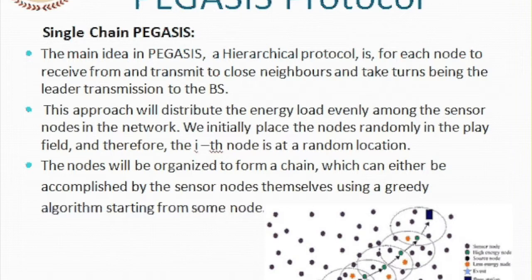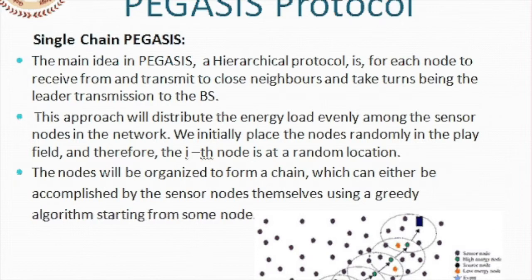So in the Pegasus protocol, the energy is distributed evenly among the sensor nodes. We initially place the nodes randomly in the playfield, and therefore the ith node is at a random location. According to the greedy algorithm, the node which is nearest to the initial node is chosen, and the data packets are sent to it.